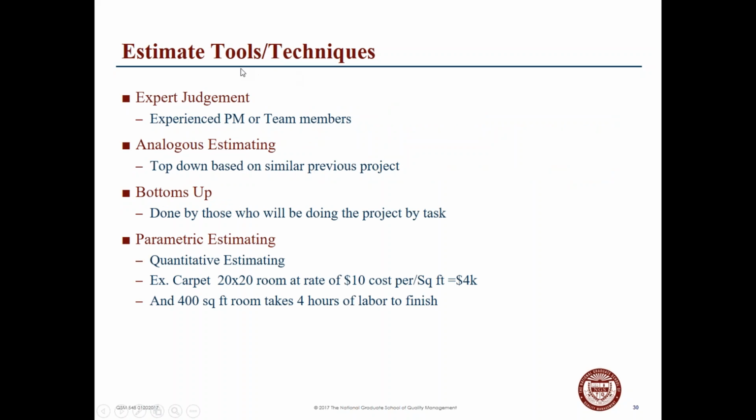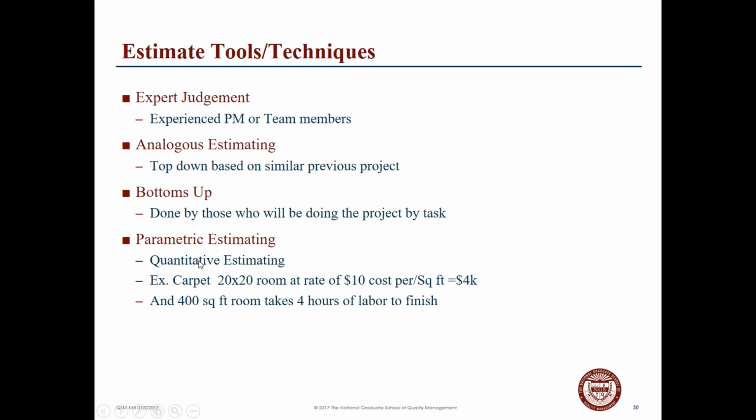So some of the tools that work towards estimation are the experience of who's on your team, similar previous projects done by those who are doing the task, by project, by task.